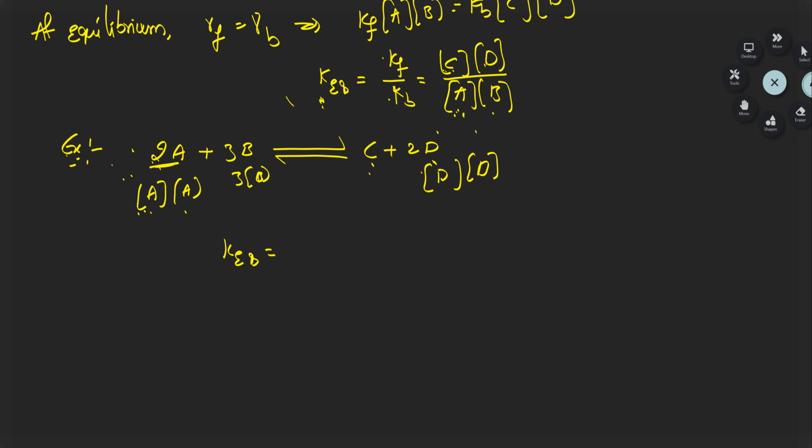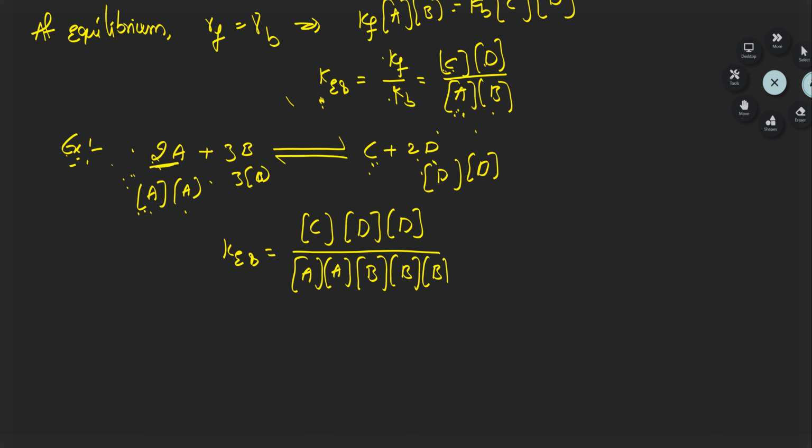Now K equilibrium, what formula can we write? Product of concentrations of products to the product of concentrations of reactants. So what are the concentrations of products here? C concentration into D concentration into D concentration, by A concentration into A concentration into B concentration into B concentration into B concentration.